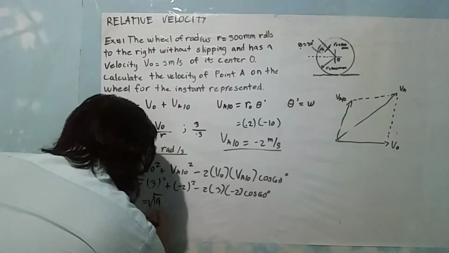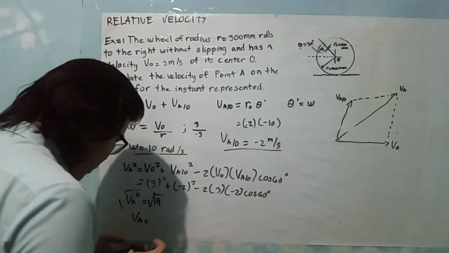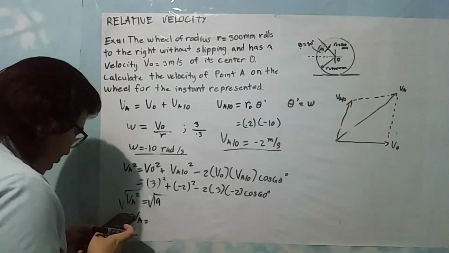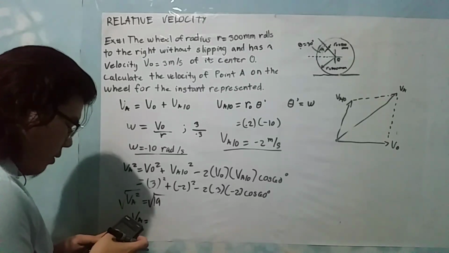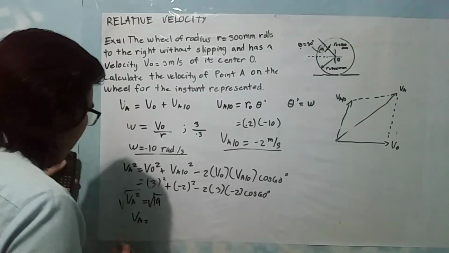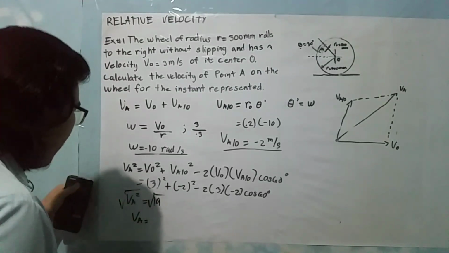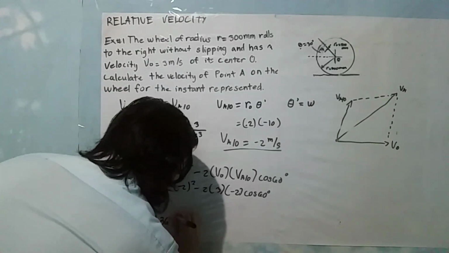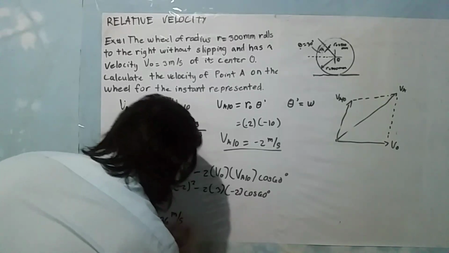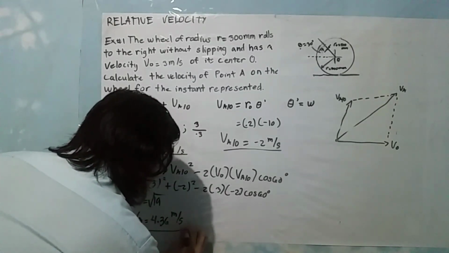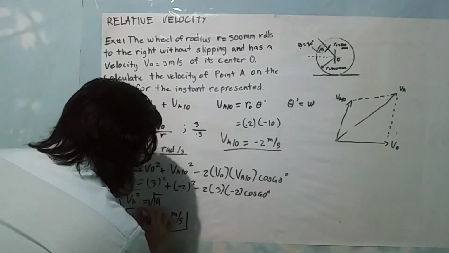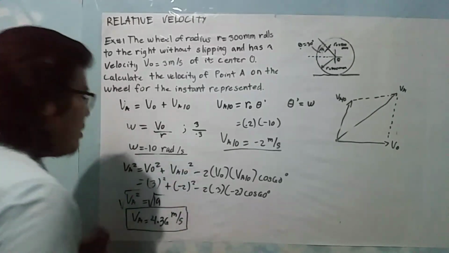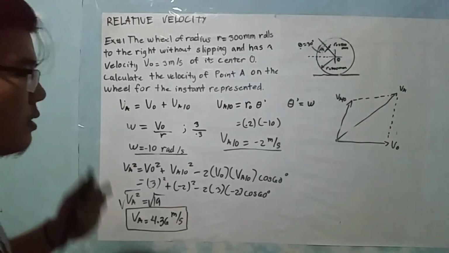The final answer will be VA is equal to square root of 19, which is 4.3588, or we can simplify it as 4.36 meters per second. So that is the value of V sub A, and that is the answer for example number 1.